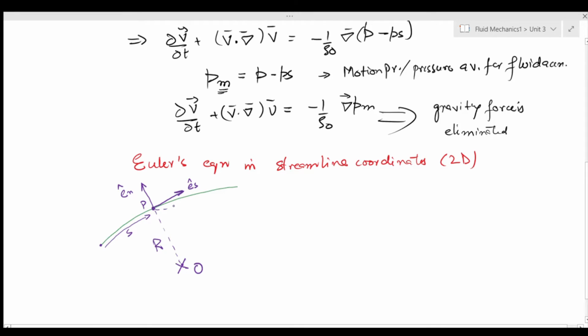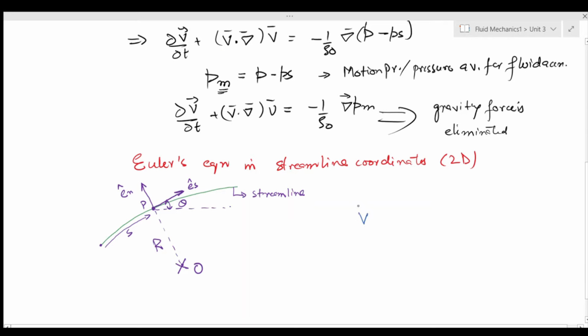From the horizontal, this Es currently is making an angle of theta. This green line is my streamline. So the path the particle is taking is a streamline now. That's the only change which I have done.